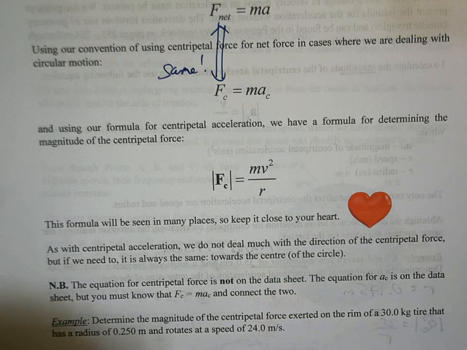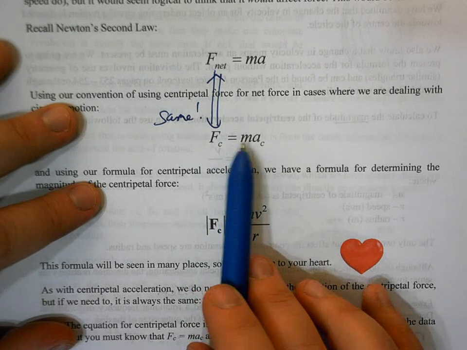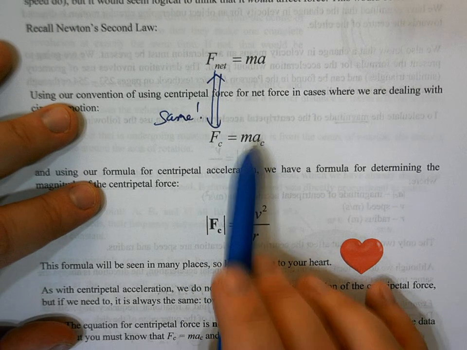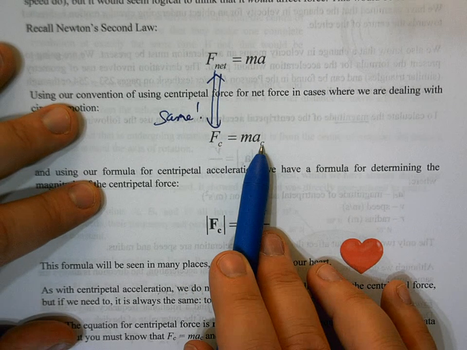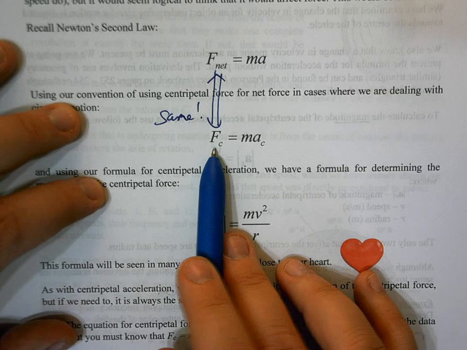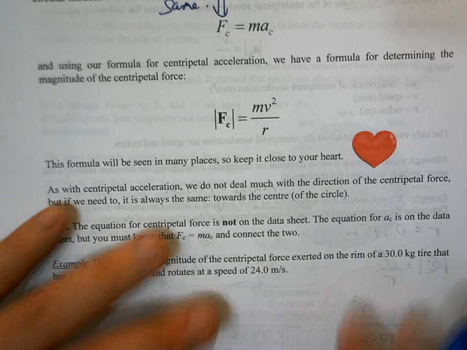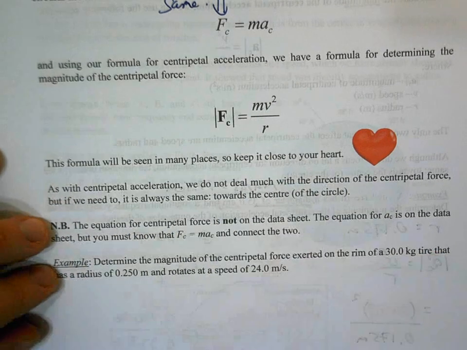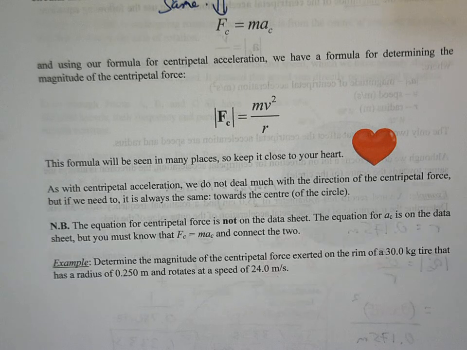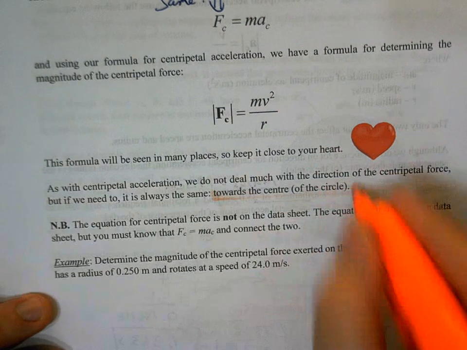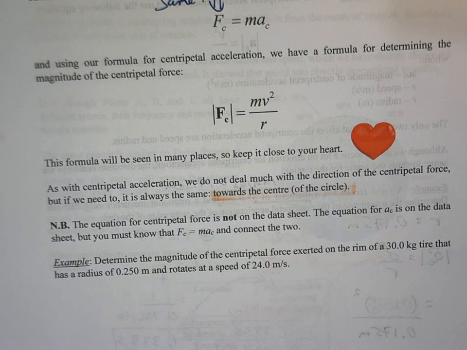You have to be able to construct it from Fc equals m times ac. ac is on the data sheet. F net equals ma is on there. You have to link the two ideas together. So please be aware that the equation for the centripetal force is not on the data sheet. And same thing, we aren't going to really focus a lot on the direction piece because the direction of the centripetal force is always towards the center of the circle.